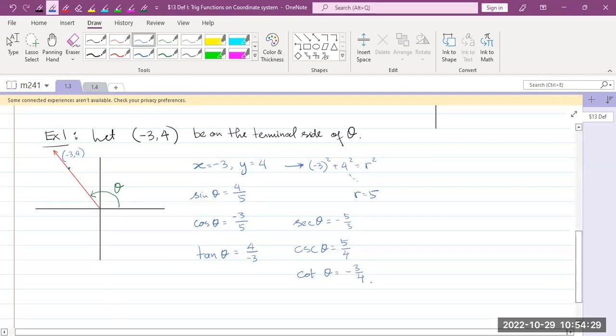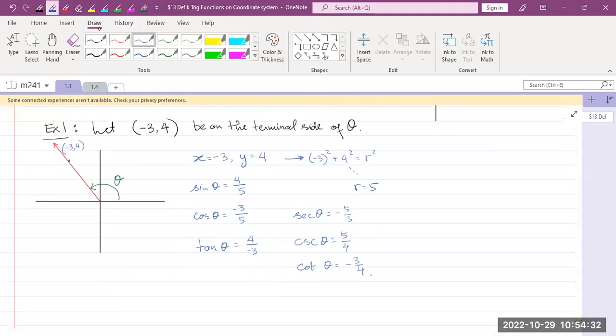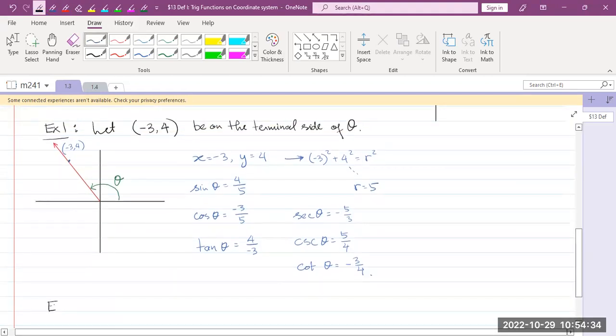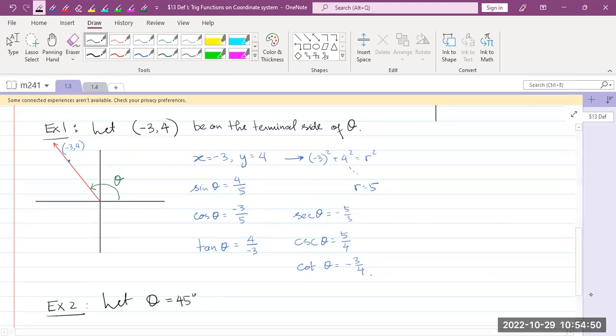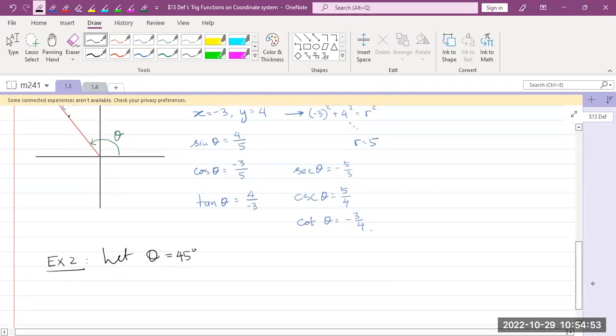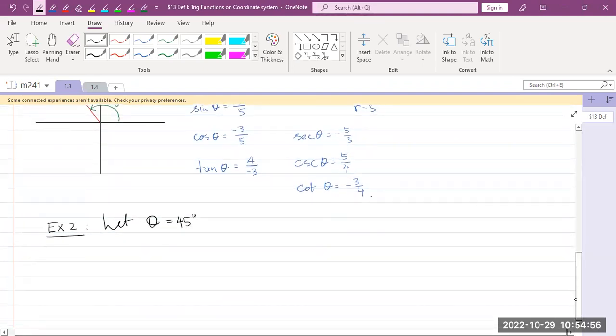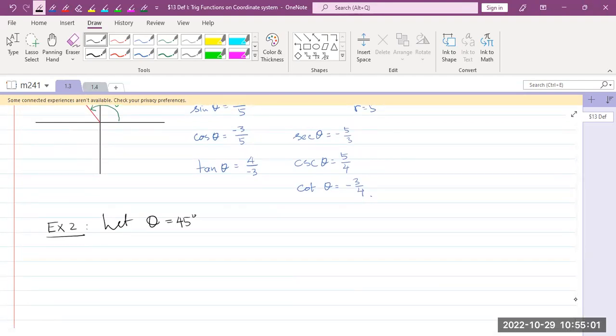Now, suppose on the other hand that what we know is the angle. Let's say, for example, let theta be 45 degrees. Now we already know the trig values of 45 degrees from section 2.1, right? But let's confirm that even if we compute using this first definition, we will still get the same result.